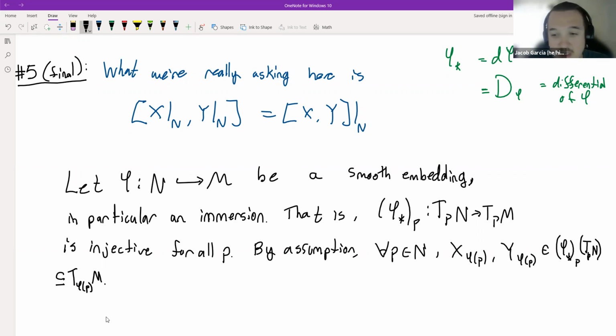Then because this map is injective, I can just take the pre-images of these vector fields.